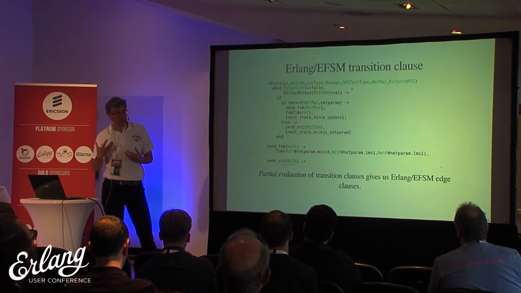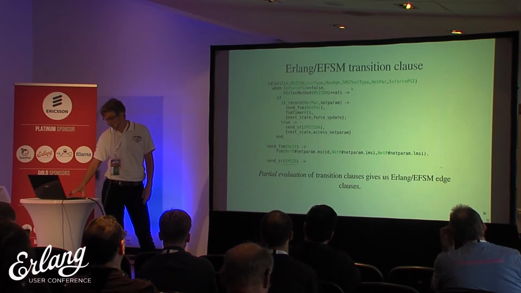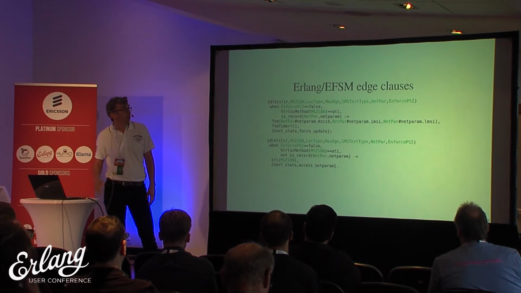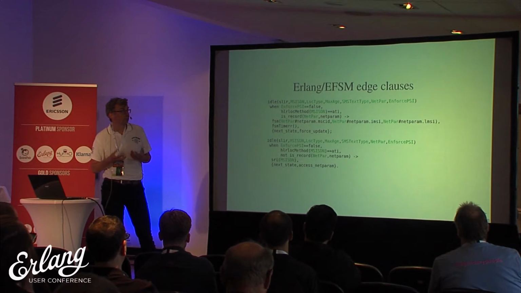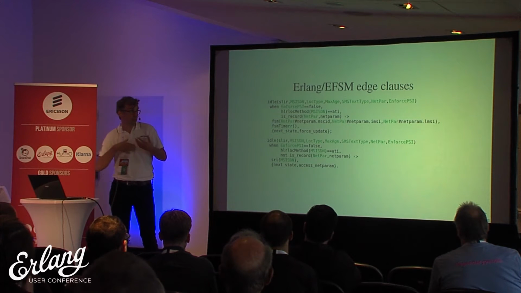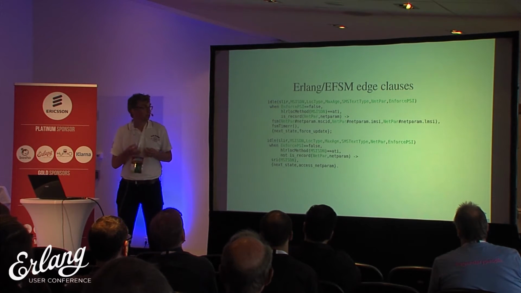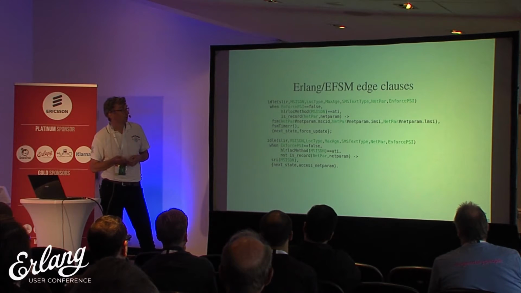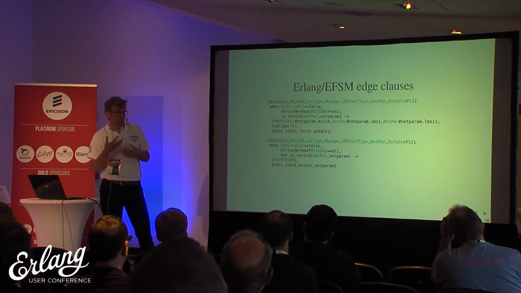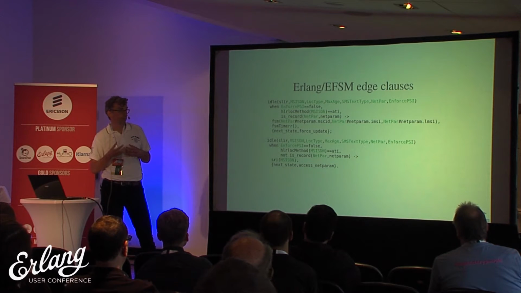So there are 2 ways of executing this. And that's how I deal with it. I execute symbolically all the possible ways that I can. So it's kind of a partial evaluation symbolically of the Erlang code.